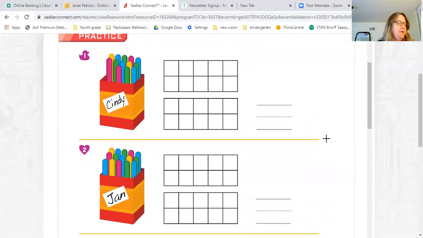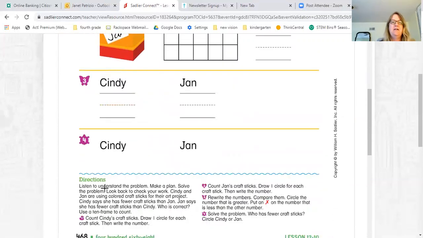So you will do the page in this section. There's a lot of word problems, but we're just going to do 2 for now. What you're going to do is the same thing for number 1 and 2. You're going to have mom or dad read the problem, make your plan, solve it, and go back to check.